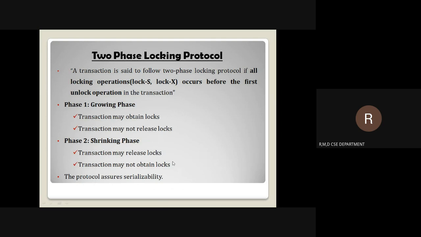Where the unlock operation is done, that is the releasing of locks, which is the shrinking phase. So the growing phase should always be followed by the shrinking phase. First acquire the lock, then release the lock. This is what the two-phase locking protocol is.